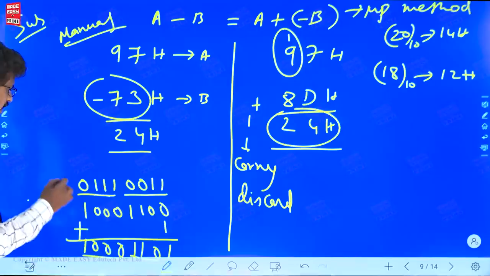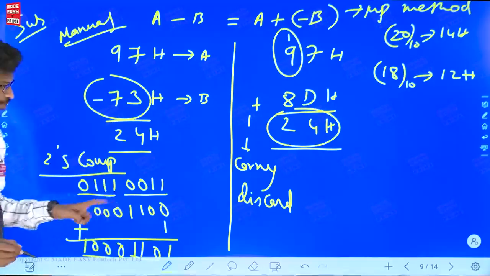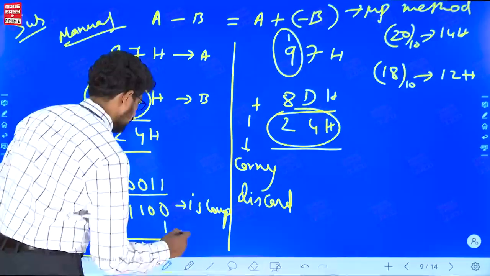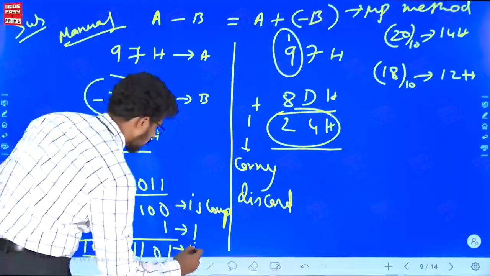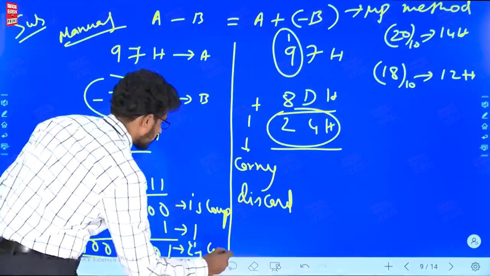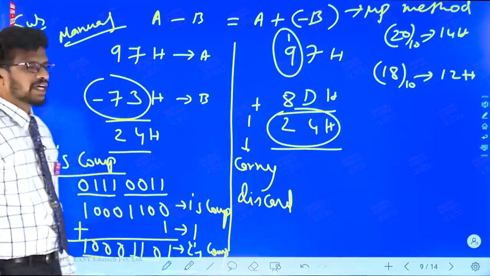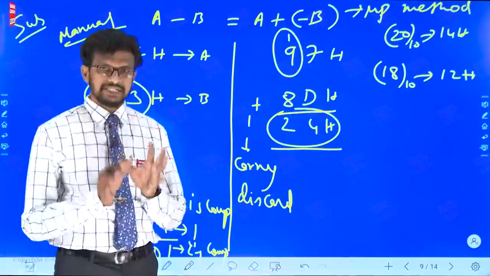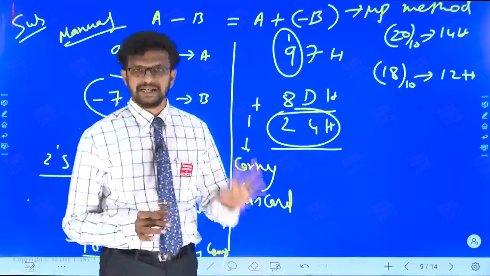Now, for finding the 2's complement, how did you solve? You have taken the 1's complement first, then you have added 1 to it, and then you got the corresponding 2's complement. But the 2's complement of data can be directly obtained by subtracting the number, whichever you want the 2's complement of, from 2 power n directly.